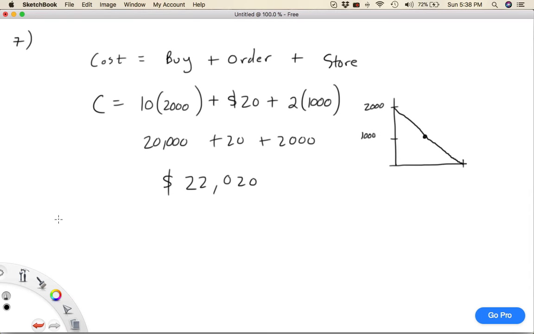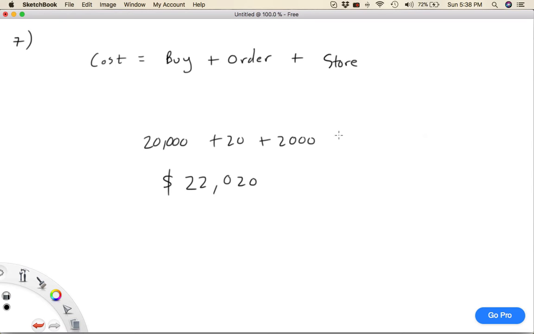Okay, part B says, what would the total cost be to the restaurant if it placed 2 equally spaced orders throughout the year? Note that each order would be for 1,000 bottles. So perhaps our storage cost goes down, but we are paying an extra fee to make the order. So let's see what's going on here. Let me erase the graph.